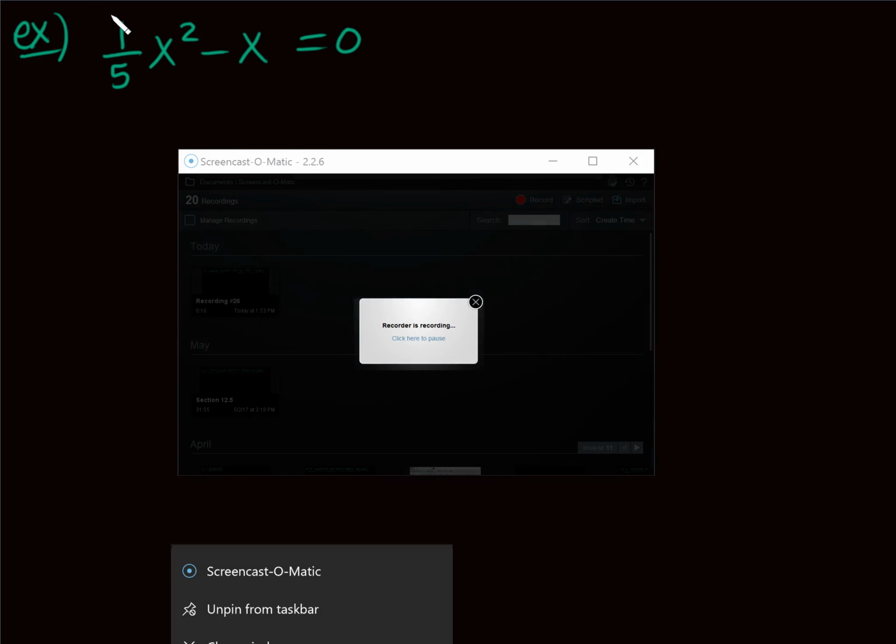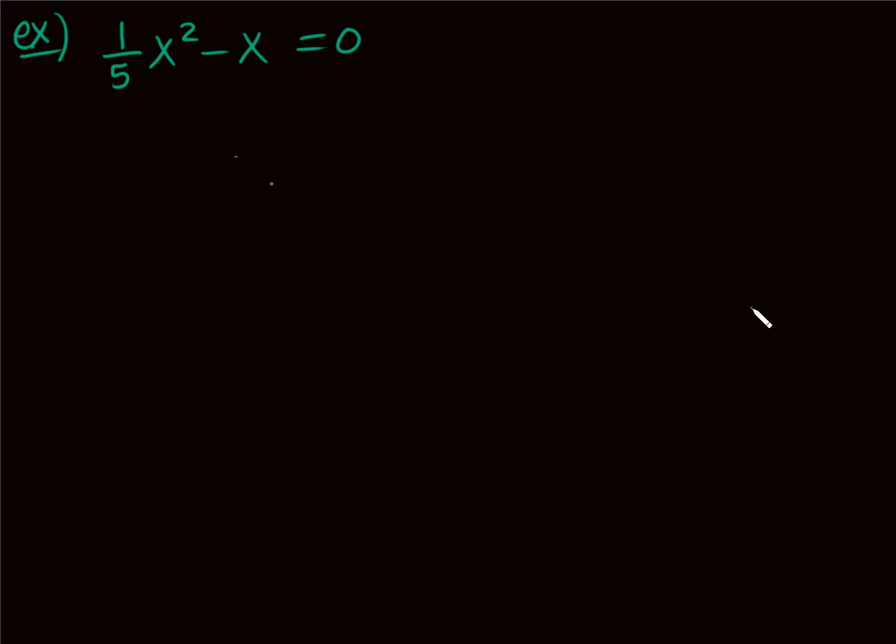So what I'm going to do instead is I'm actually going to multiply everything by 5. I didn't do that on the last one because I wasn't dividing by that number. I was multiplying by it. 5 times 1/5 is 1. So I get a 1 in front, minus 5x equals 0.